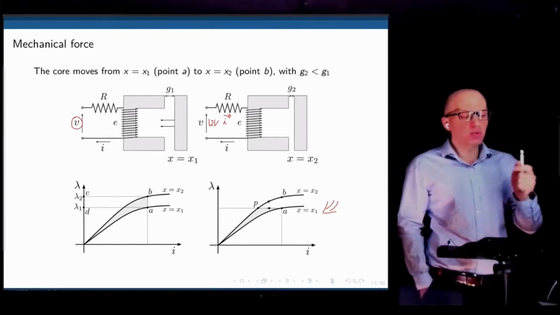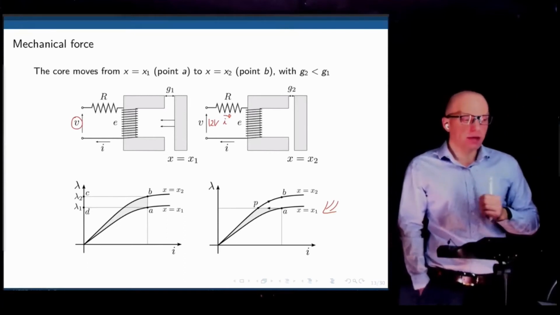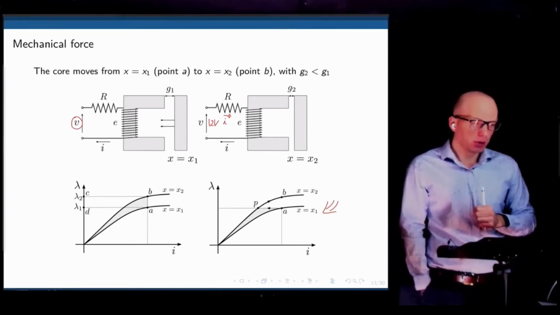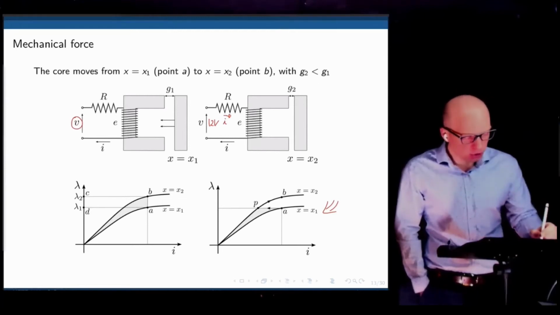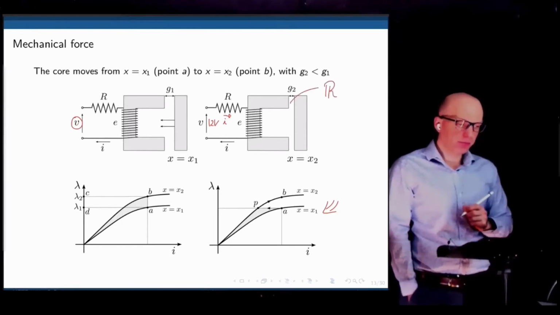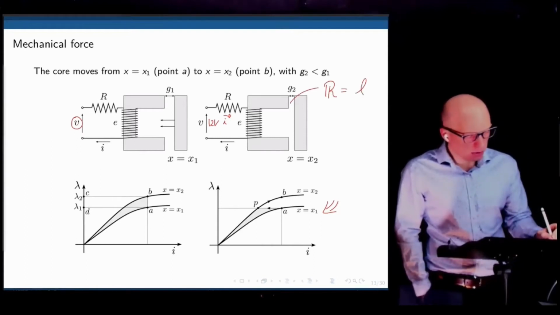Why does it change when the plate moves fast? Because the magnetic field inside the core is changing. By moving the plate, we are changing the reluctance of the air gap. Remember that the reluctance of the air gap is L over mu A. L is changing.